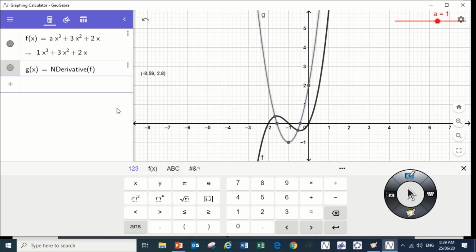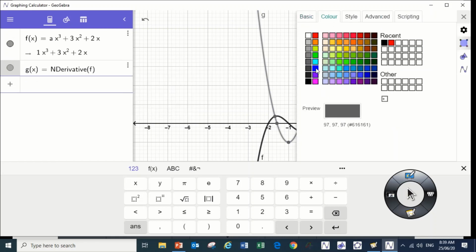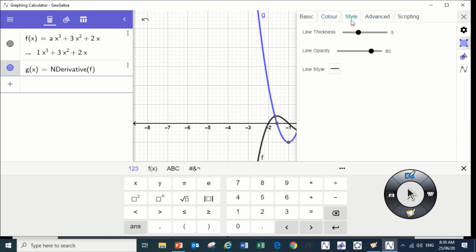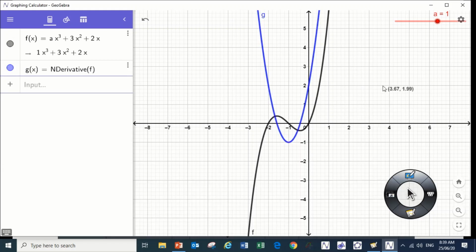So here you have your first derivative. I'm going to change the color there so that you can see it clearly. So you have your first derivative. It's quadratic, right? First derivative is quadratic.